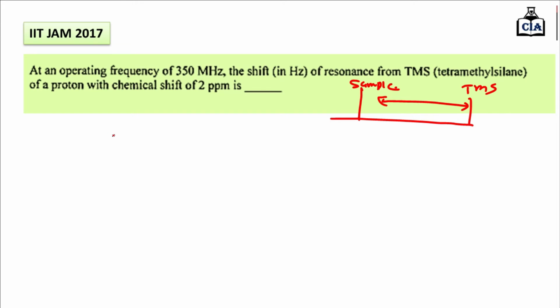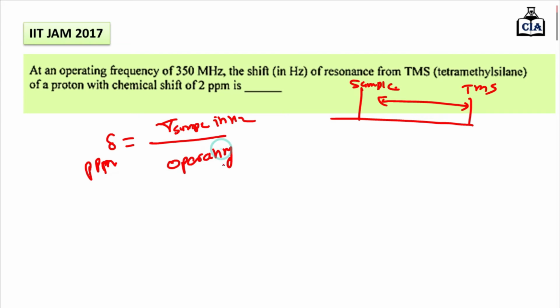We have one formula: delta in ppm equals the frequency of the sample in hertz divided by the operating frequency in megahertz. Just put the values in this equation, then we get the frequency of the sample. So the frequency equals delta into the operating frequency.